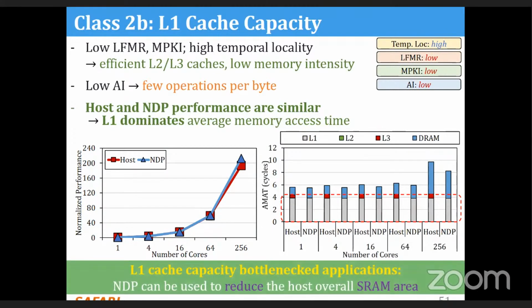In the end, these are L1 cache capacity bottleneck applications, because it's L1 that determines the latency of the memory accesses in most of the configurations. So L1 is the main bottleneck here, and this essentially happens on both sides, the host side and also the NDP side.